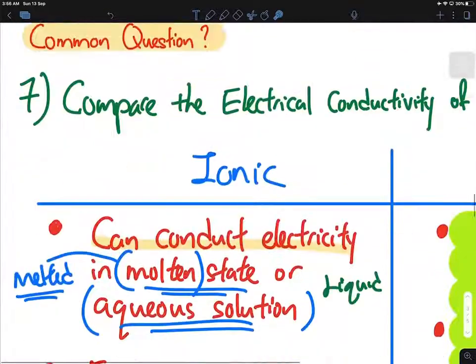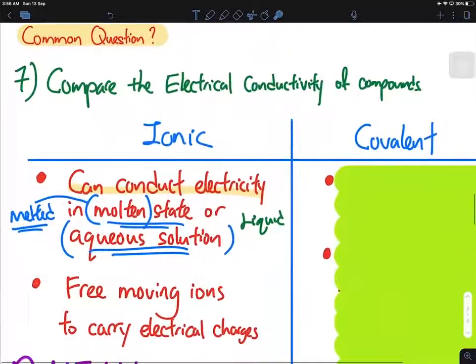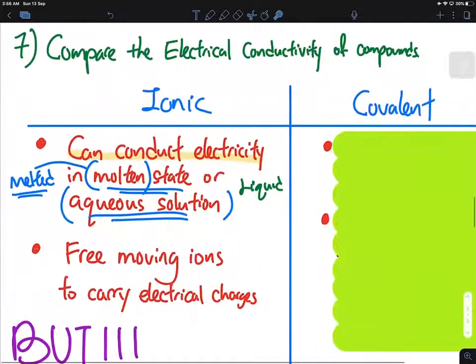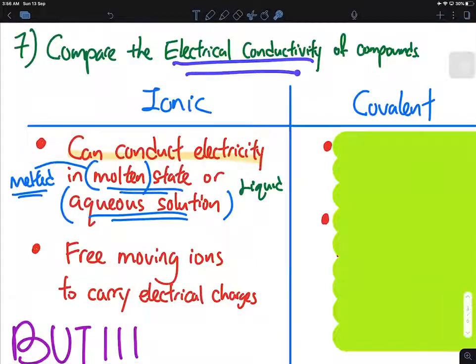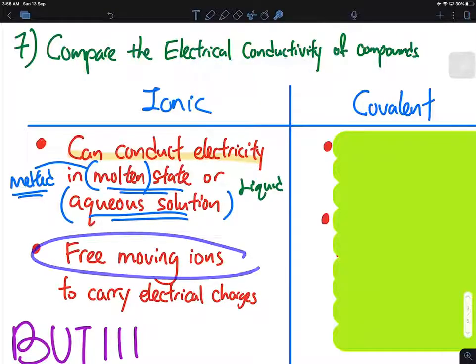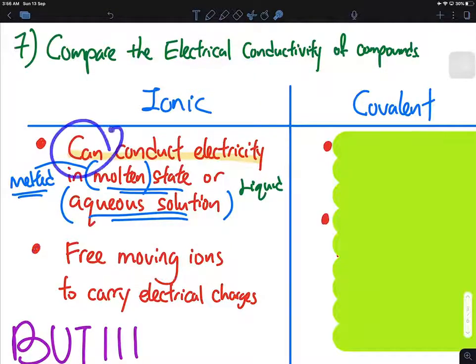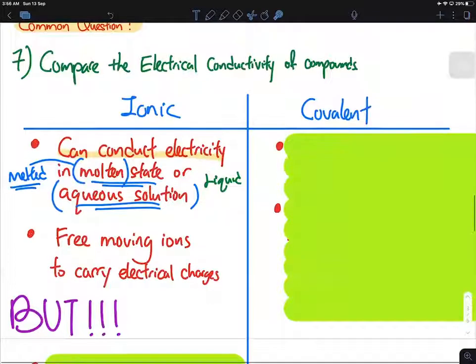Now, remember one more explanation. Every time it is about electrical conductivity, we explain free moving ion. It can conduct, that means it has free moving ion. Cannot conduct means it doesn't have free moving ion. The explanation is very easy.